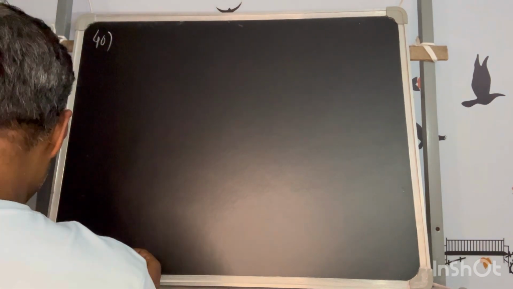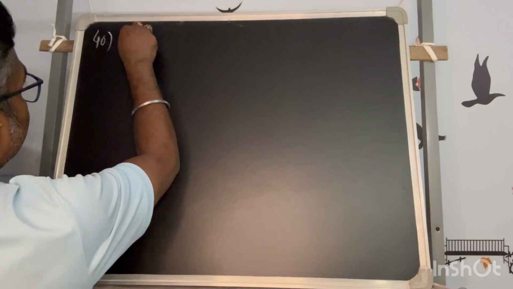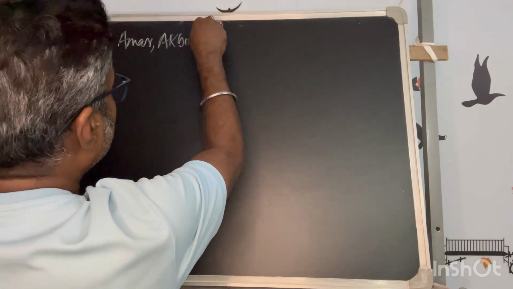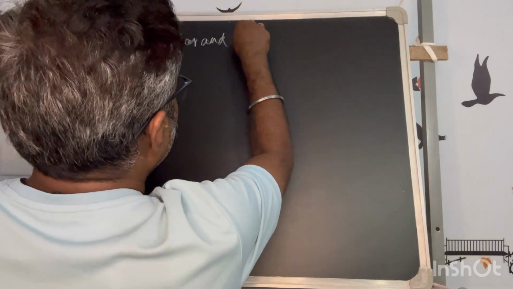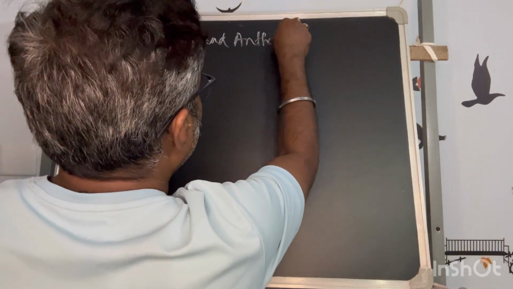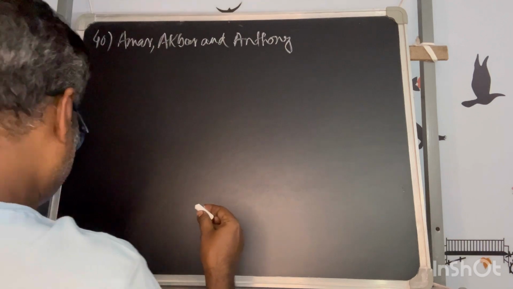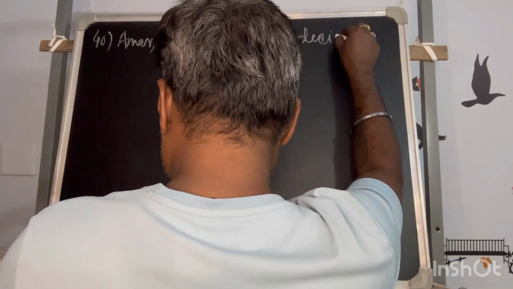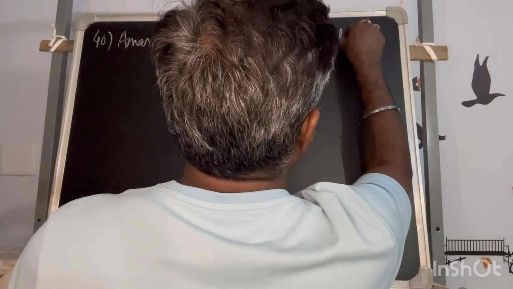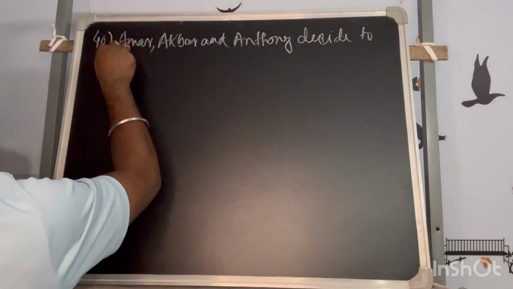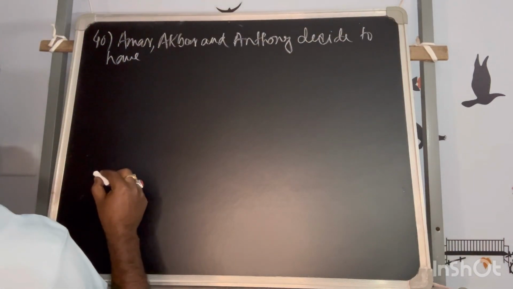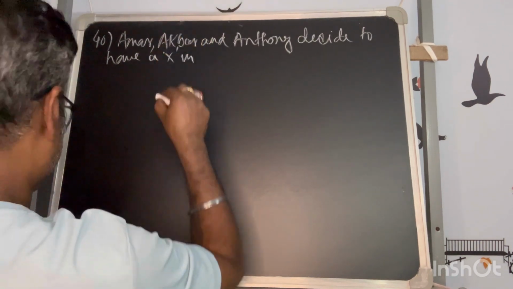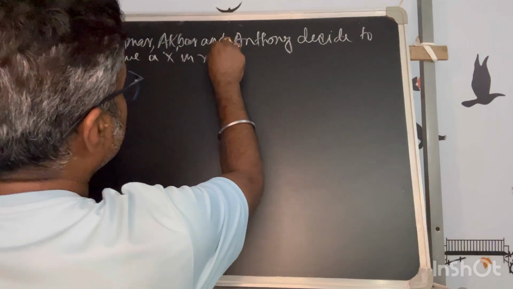This problem number 40 says Amar, Akbar and Anthony decide to have an X meter race.